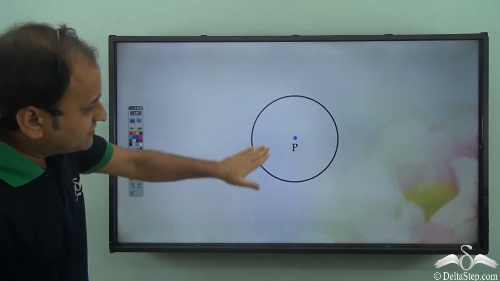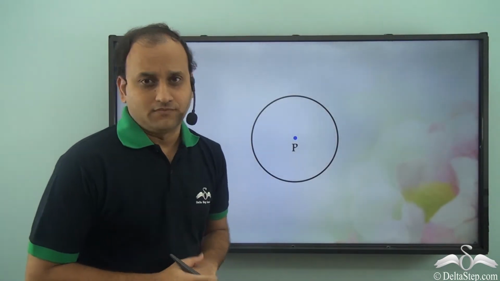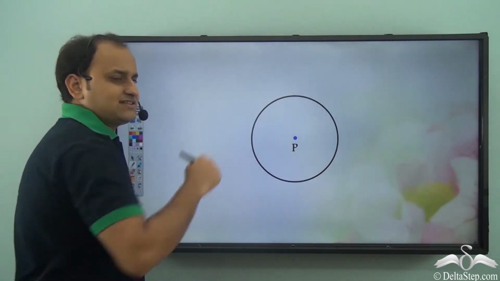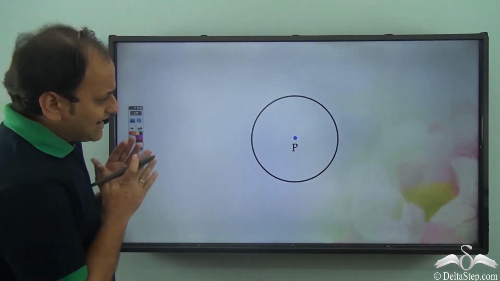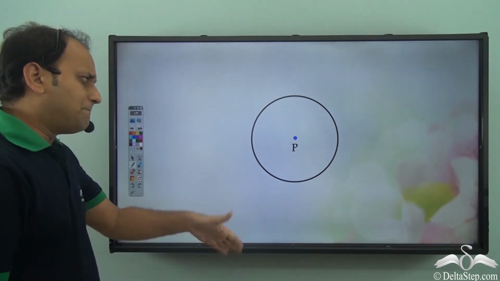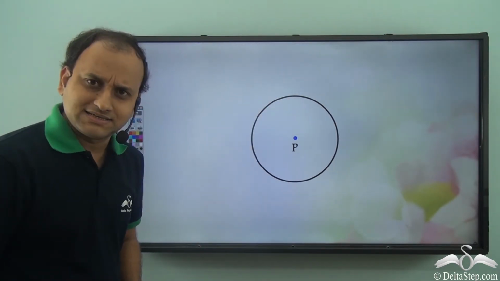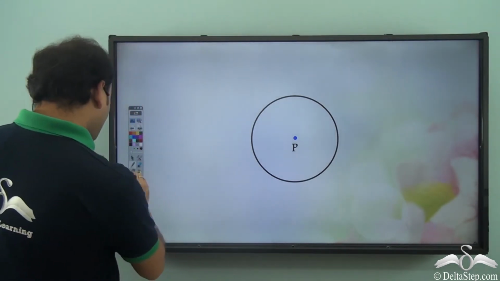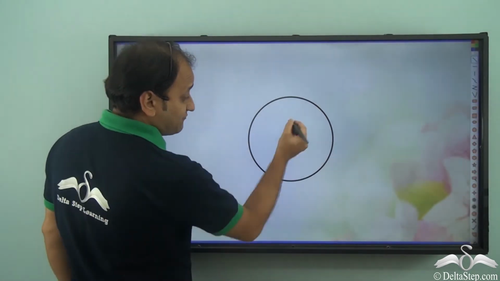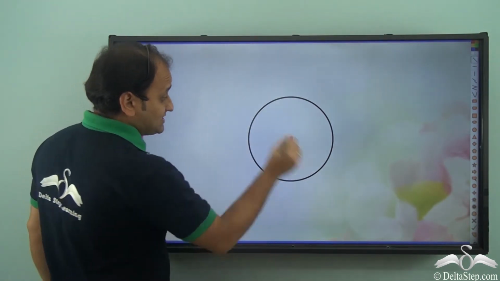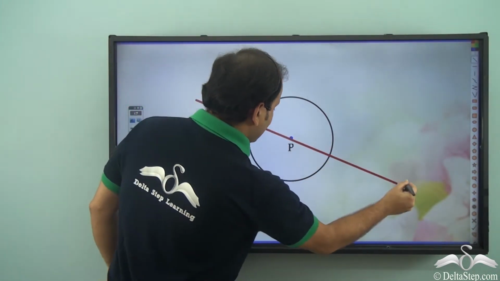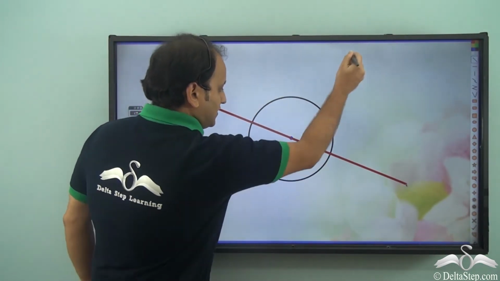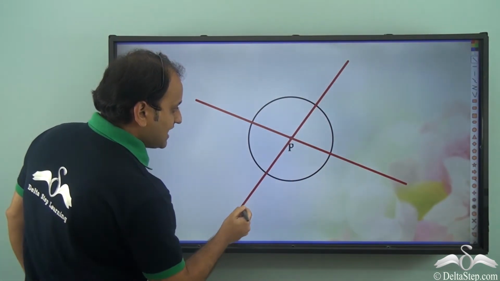Now I have this particular point here. Now it is inside the circle. So can I draw a tangent which passes through this particular point? Well, let's try some lines. Lines that will pass through this particular point P. So I have this particular line here. I take another line from this side.